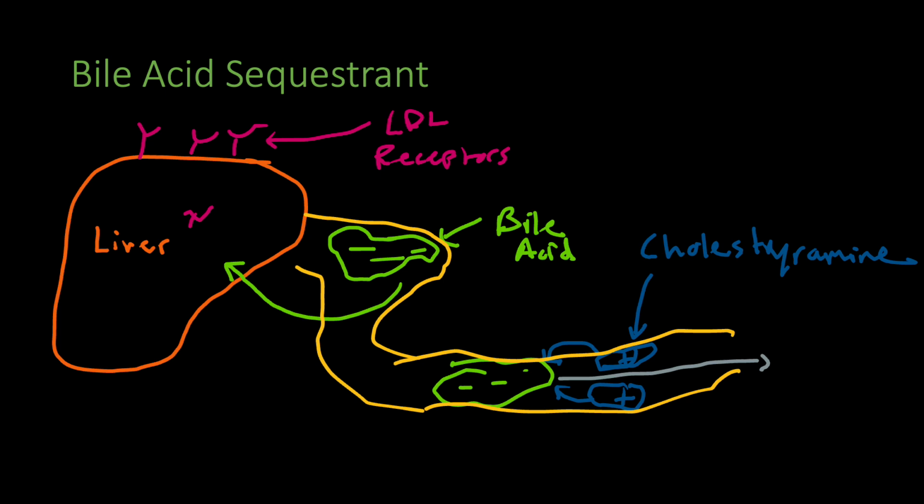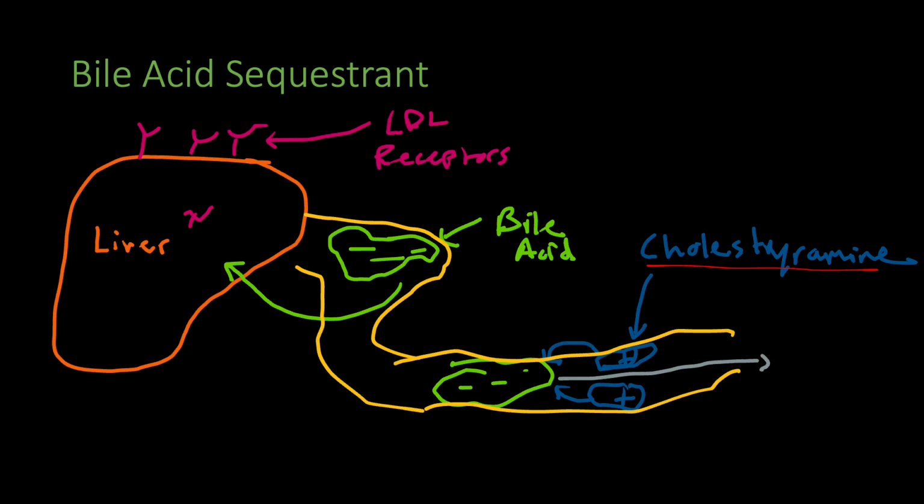There's also colestipol and colesevelam, but commonly in pharmacies you might see cholestyramine being used. Cholestyramine is a positively charged resin. Whenever that's in the gut, it's going to bind to the negatively charged bile acid, so that bile acid does not get reabsorbed back into the liver. It actually gets excreted through the gut.